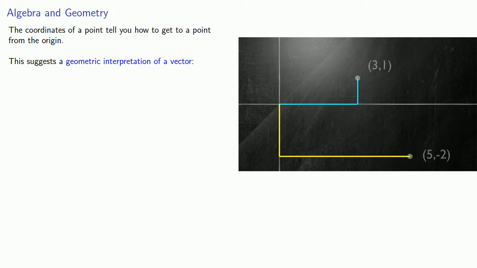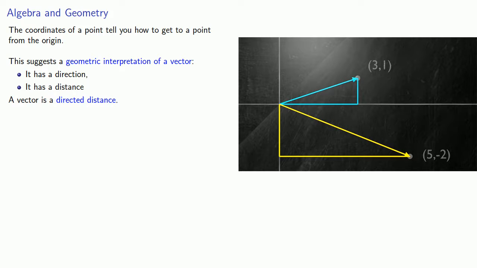While we might give directions like go 3 units to the right and then 1 unit up, we're more likely to point in the right direction and say go that way for some distance. And so this suggests that when we talk about vectors, they are things that have both a direction and a distance, and we might call them directed distances.